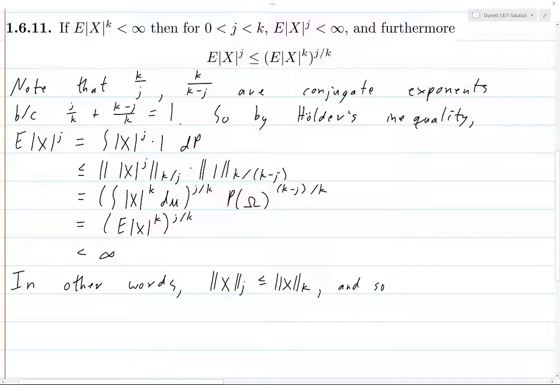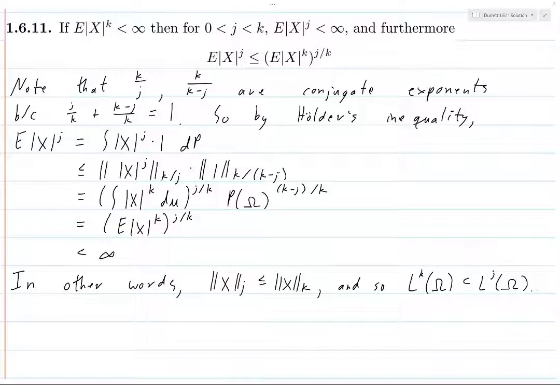And so what does this tell us? This tells us that any function on this space which has a finite k norm also has a finite j norm. So any function which is in L^k(Ω), meaning any function which has a finite k norm, also has a finite j norm. So this is a subset of L^j(Ω). And this is really what we prove in the Folland version of this exercise.